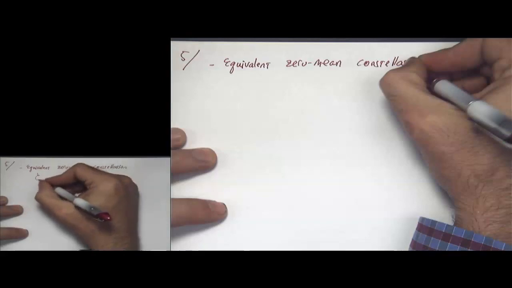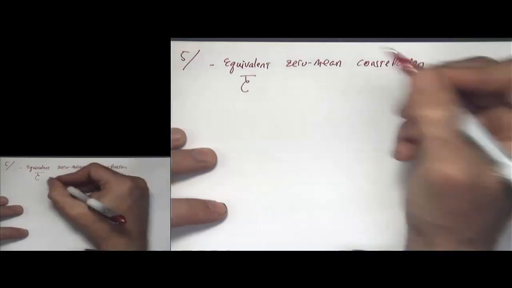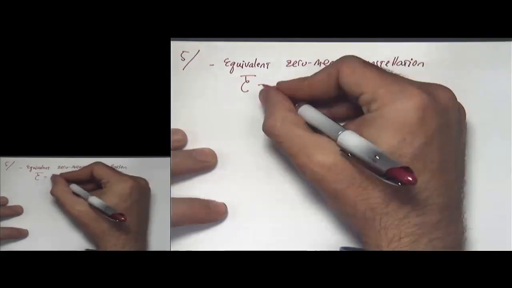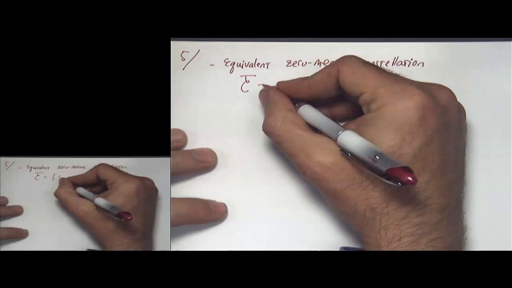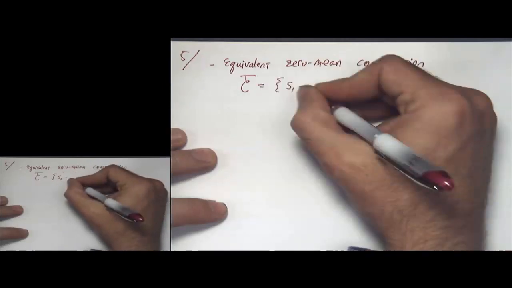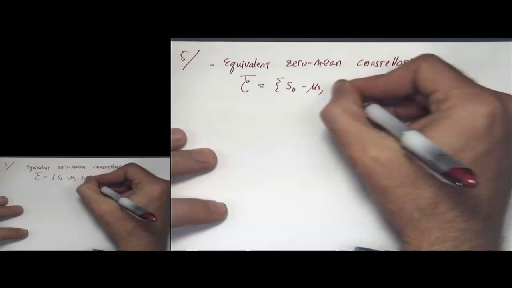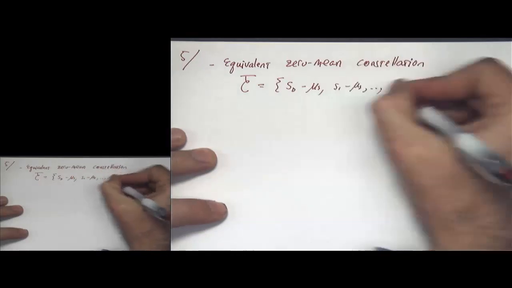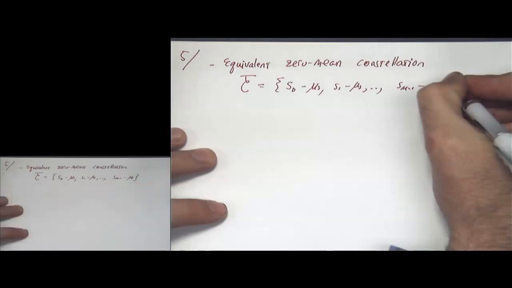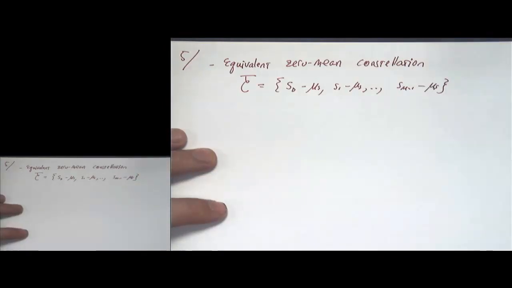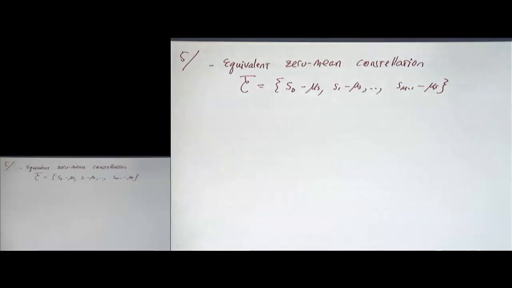And so we form a new constellation. We might call it C bar here, where we take each symbol, we subtract the mean, and that's it. So we just distort the constellation as appropriate here.